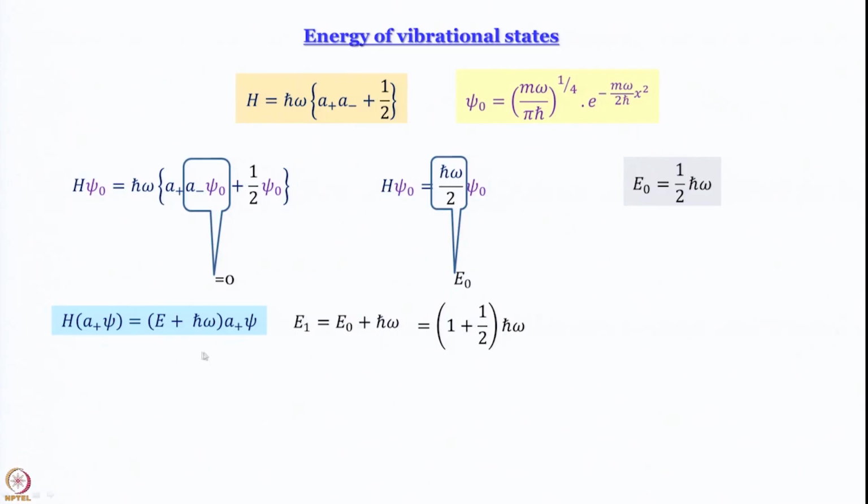So, E2, what will E2 be? I can again get E2 by making a+ operate on psi 1, then it should be E1 plus ħω. What is E1? E1 is (1 plus half) ħω. Add 1 to that, what do you get? Simply you get (2 plus half) multiplied by ħω, and so on and so forth.